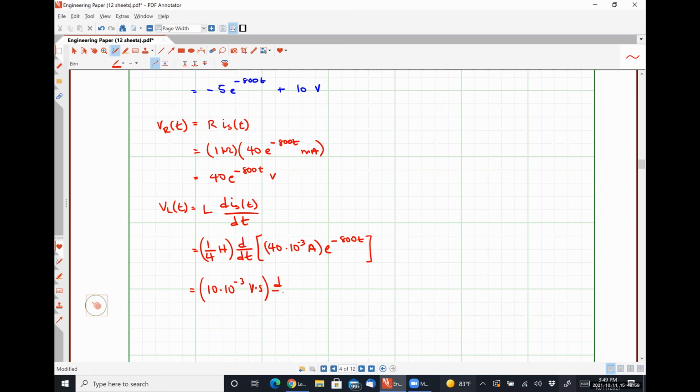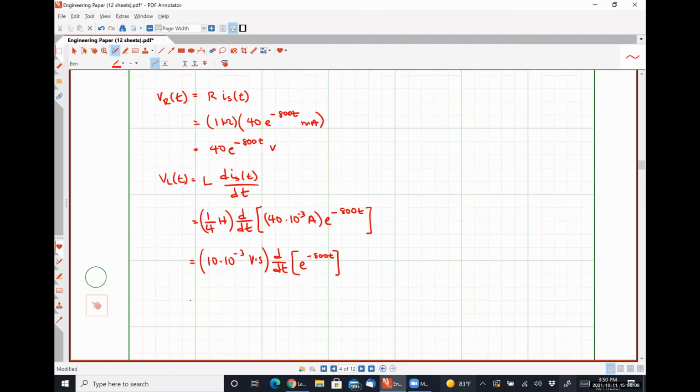And now we are taking the derivative of e to the minus 800t. So what is the derivative of e to the minus 800t? So we're going to have negative 800. And again, this guy's units is per second, so we can see that the per seconds cancel the seconds here.